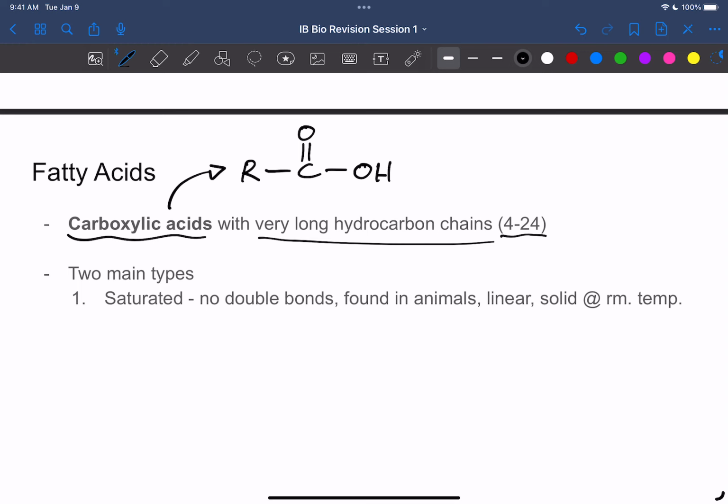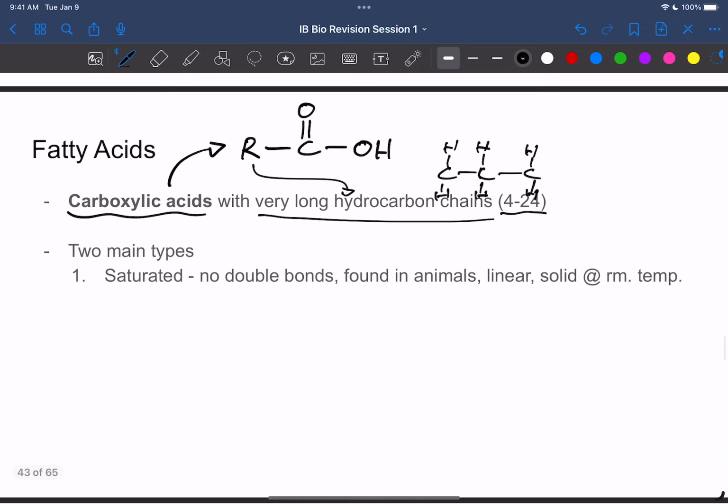Whenever you have something like this, it is a carboxylic acid. And this R group is very long hydrocarbon chains, so lots of C, C, C, H, H, H. Tons of that. And that makes it very nonpolar and very hydrophobic, not soluble in water.